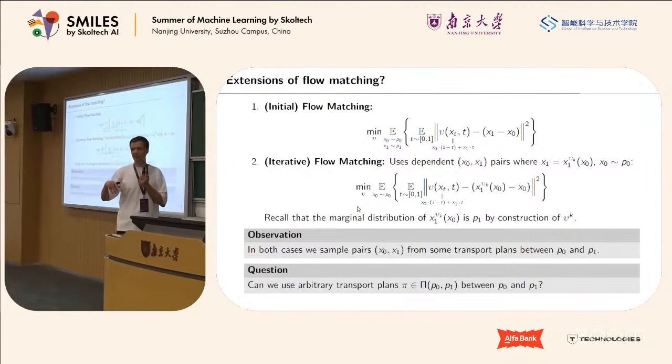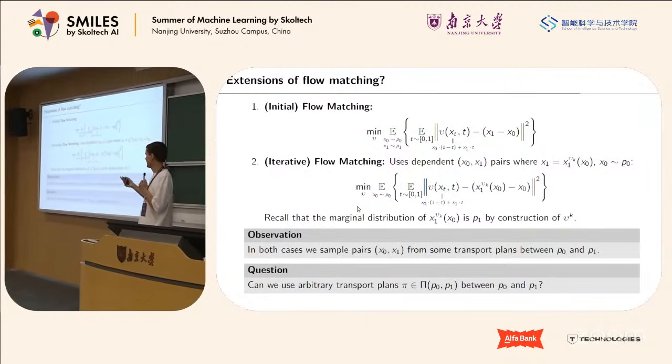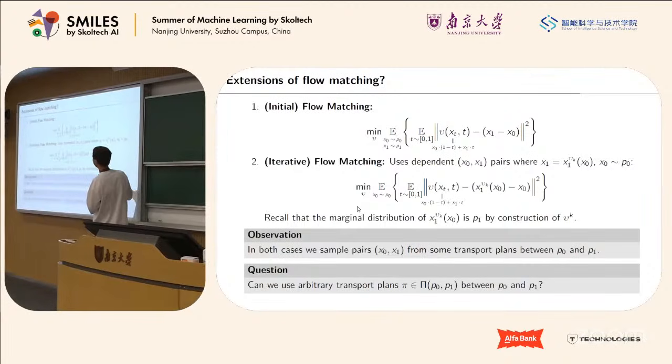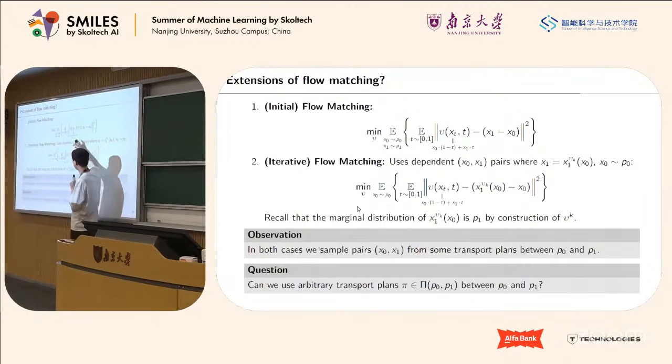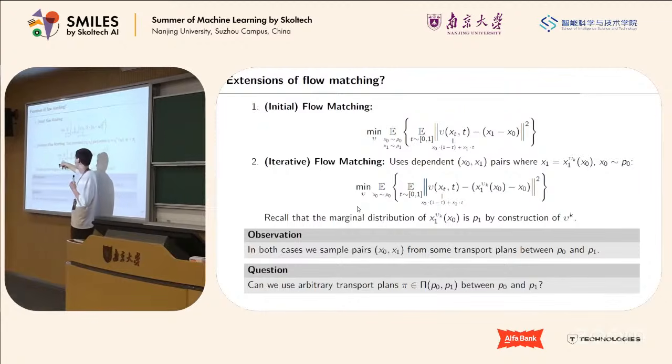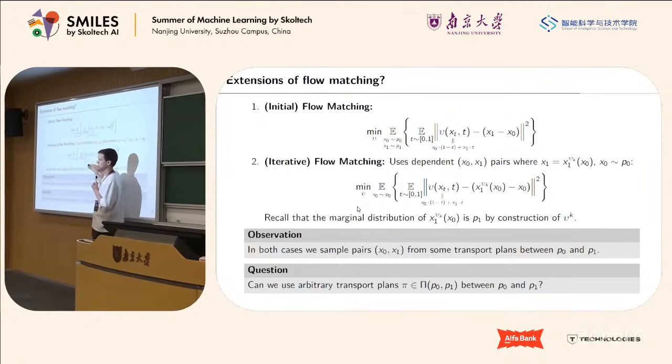Later we discussed rectified flows. This is an approach where you sample pairs x0 and x1 for training dependently, using some previously trained flow matching model.